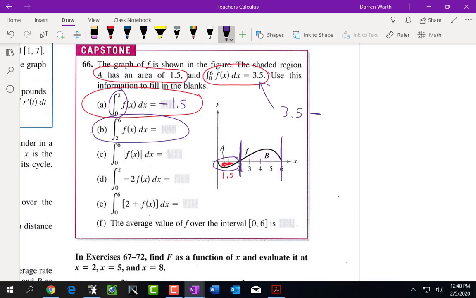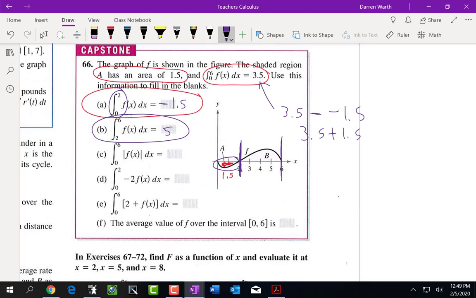So 0 to 2 is negative 1.5. Subtracting those, I got 3.5 minus a negative 1.5, and that becomes 3.5 plus 1.5, which comes out to be 5. So that integral from 2 to 6 would come out to be 5.